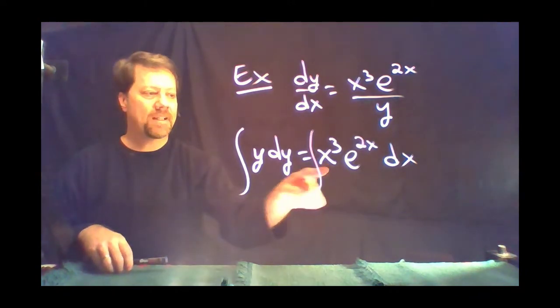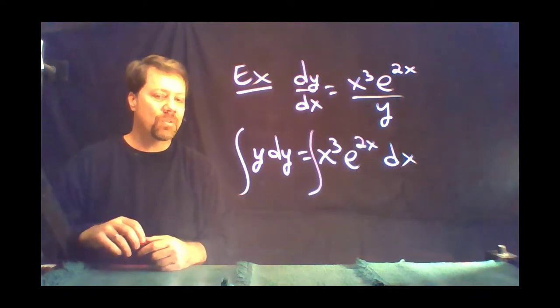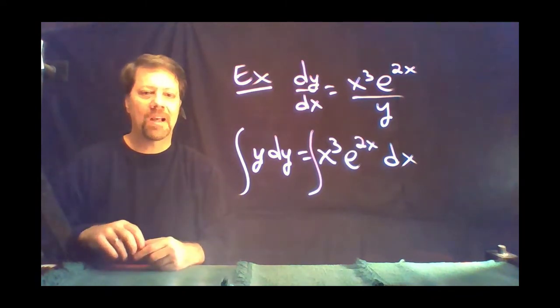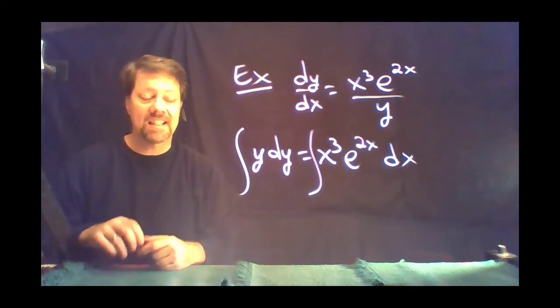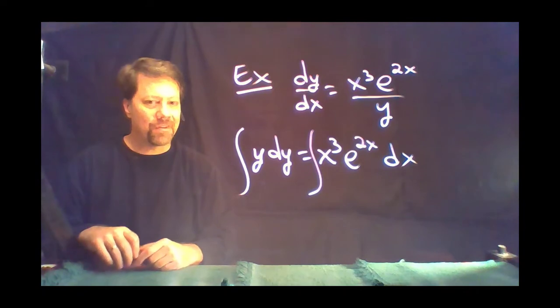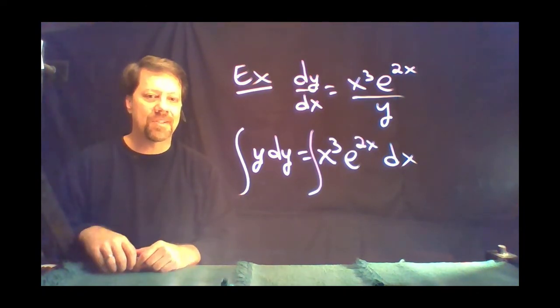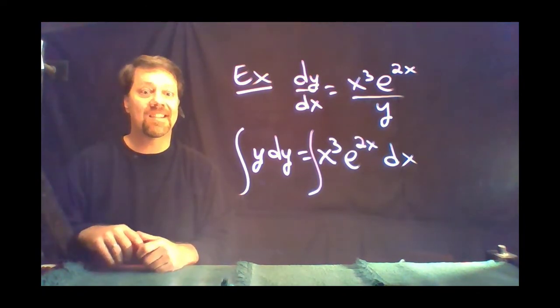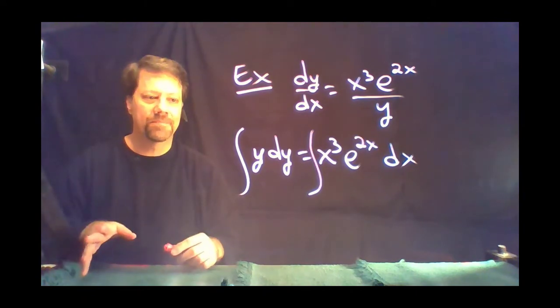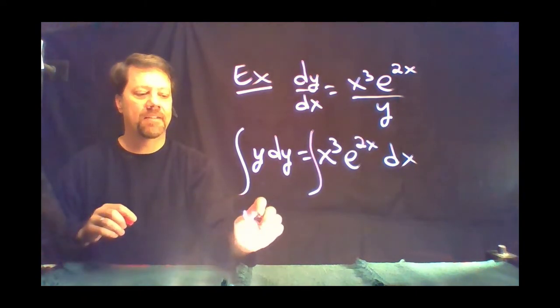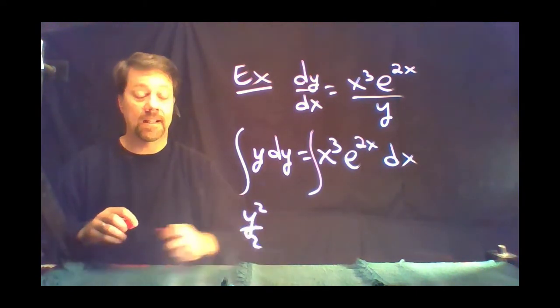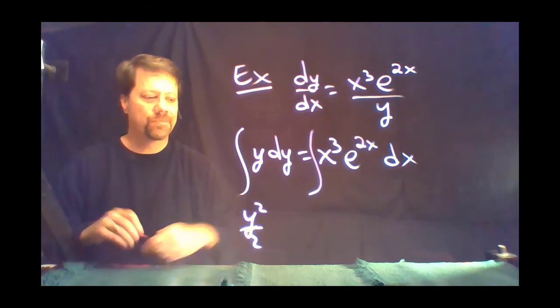But because we have a cube, we're going to have to apply the method 3 distinct times. However, the tabular method allows us to do all 3 of those at the same time, saving us a lot of work. The left-hand side is just, easily enough, y squared over 2.